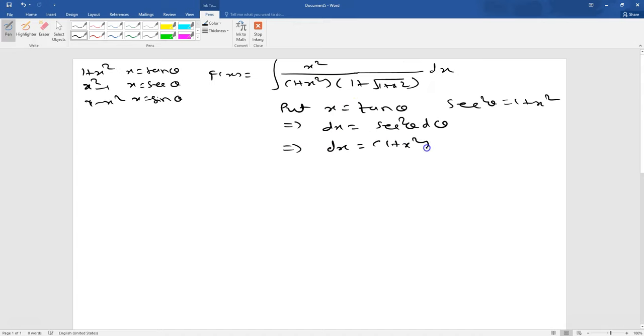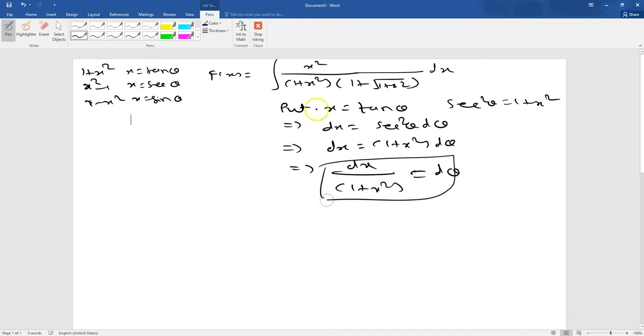So dx upon 1 plus x square is equal to d theta. This is one, this is another. Let's now have these values. See, now x square will be tan square.